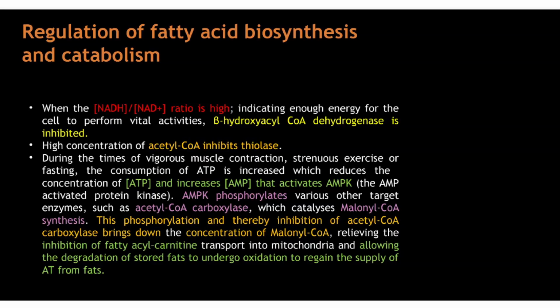This phosphorylation and thereby inhibition of acetyl coenzyme A carboxylase brings down the concentration of malonyl coenzyme A. And if the concentration of malonyl coenzyme A declines, it will not inhibit the carnitine shuttle, and again beta oxidation will start, energy production will start, and fat will be degraded. Okay, so these are some of the steps at which catabolism is regulated.